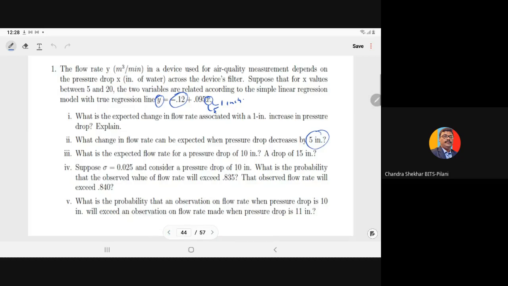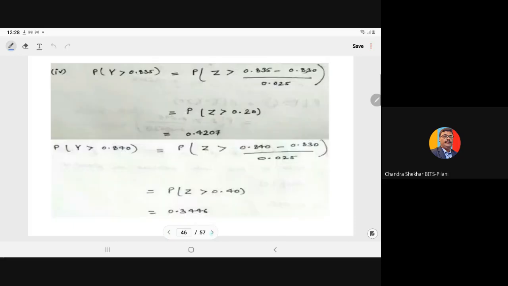Then in the third part, what is the expected flow rate for a pressure drop of 10 inch? When we take x as 10 inch, we have to compute the flow rate, and similarly for 15 inch.